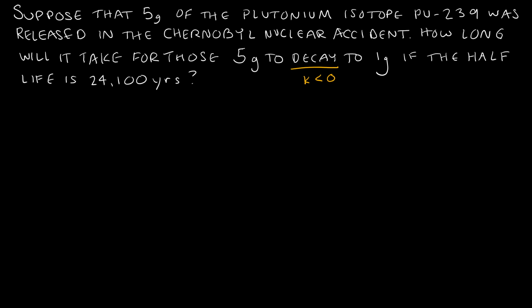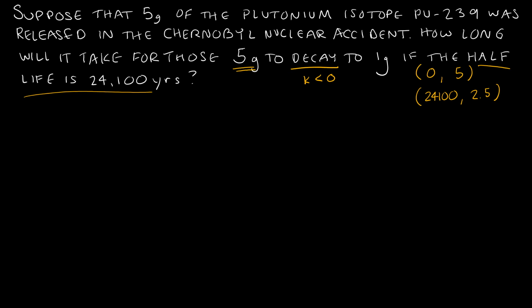So to me, this says we're starting with 5 grams, and that means when time is 0, we have 5 grams of the isotope, and the half-life is 24,100 years, so at time 24,100, there will be half of 5, or 2.5, left. So those could be our initial conditions, and again, k should end up being less than 0.